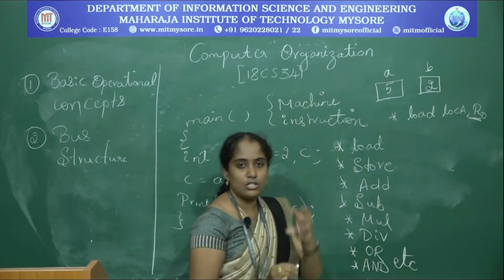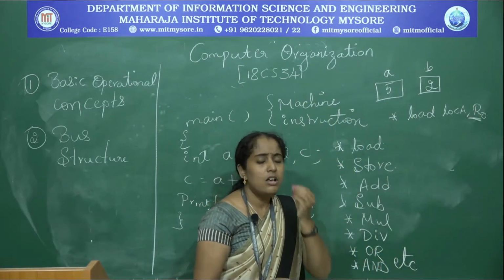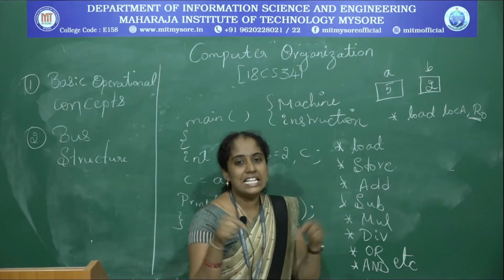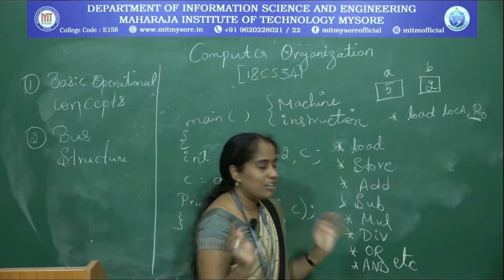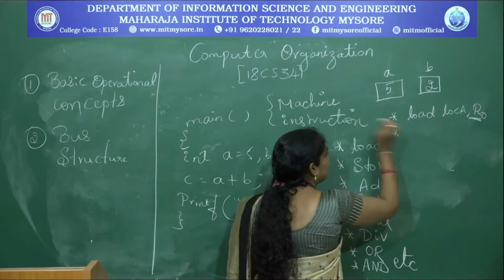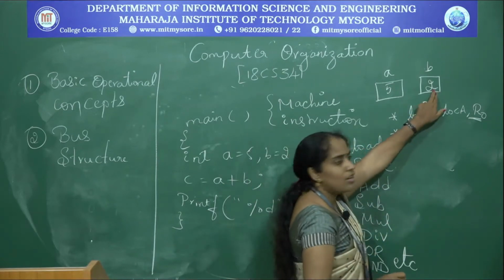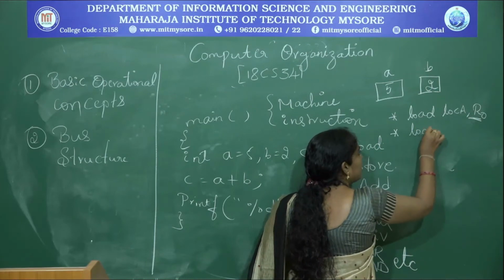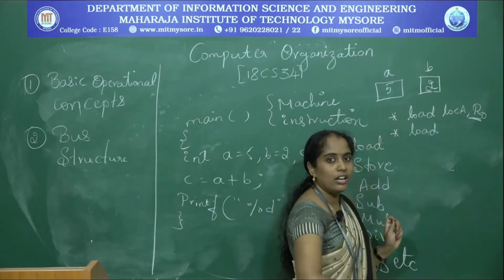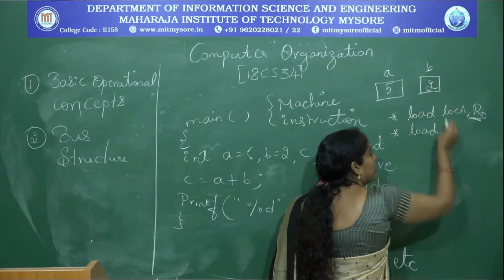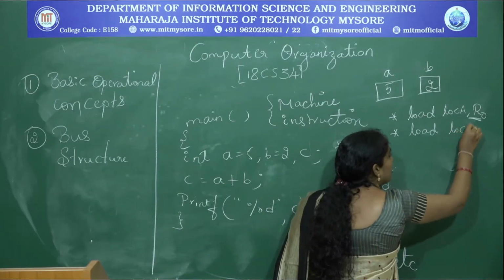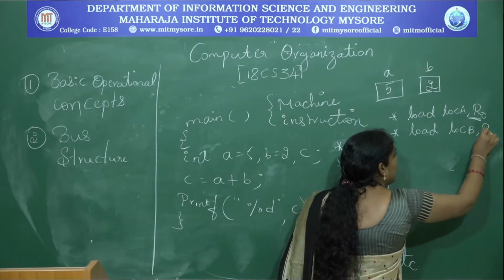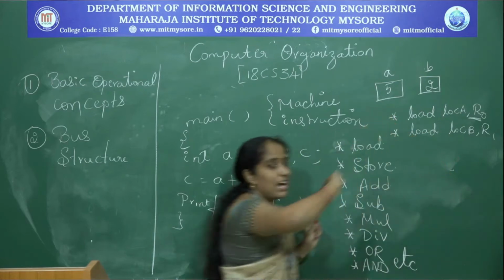A register is also a memory, a very small memory present inside your processor. Next we want to take the value B. Again we are using the load instruction with the location B, and that will be stored in the register R1.